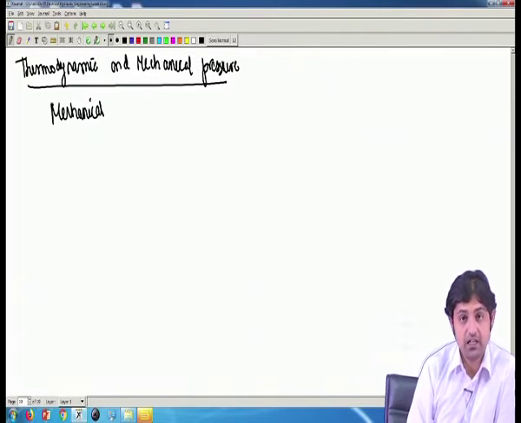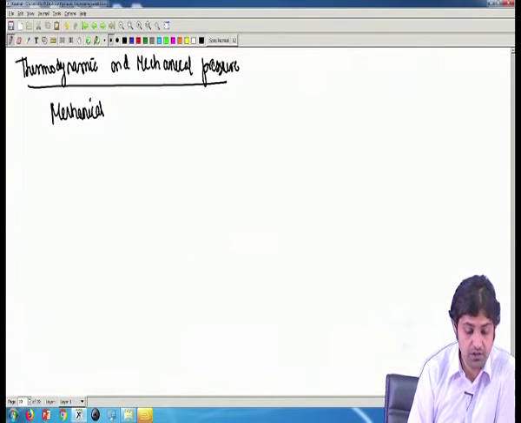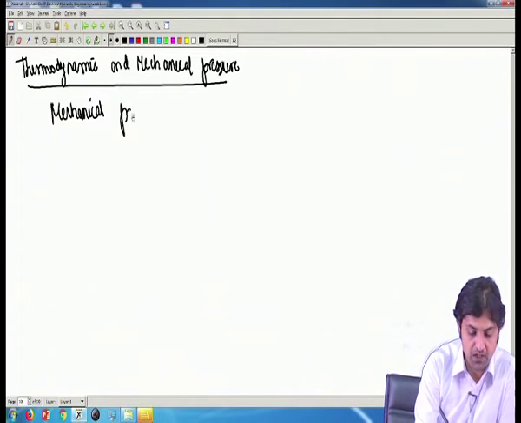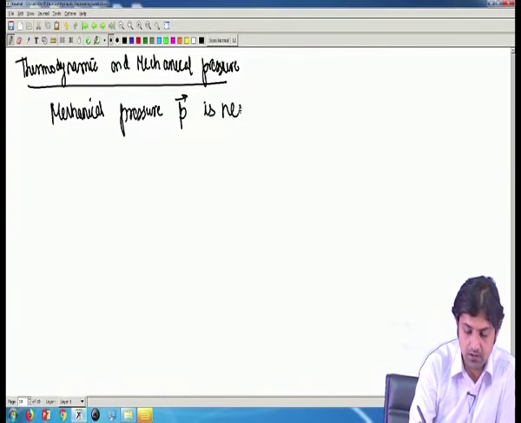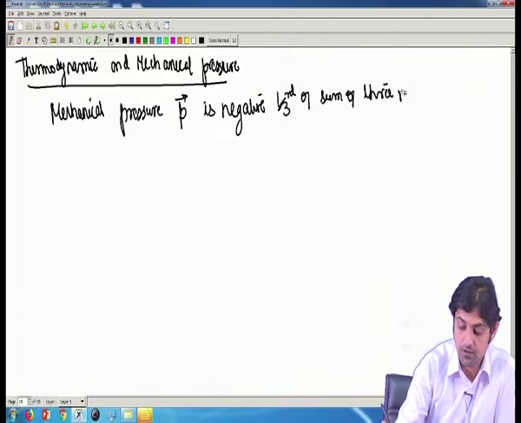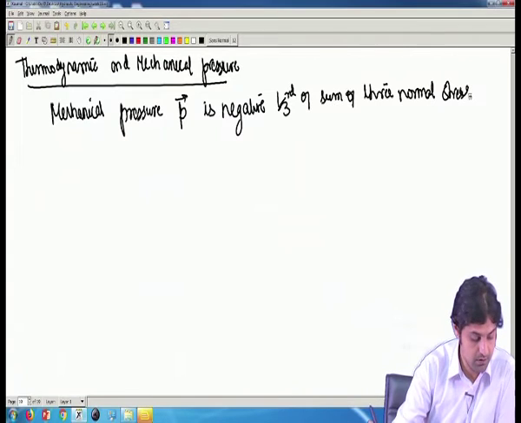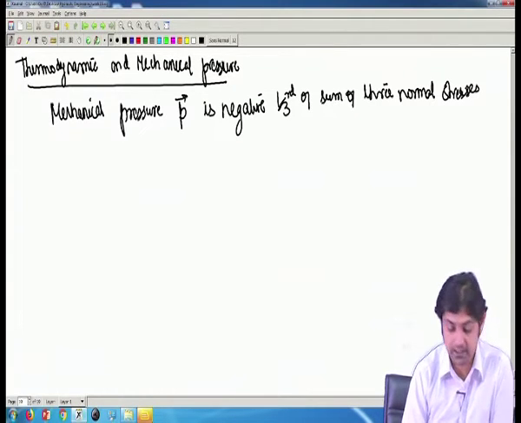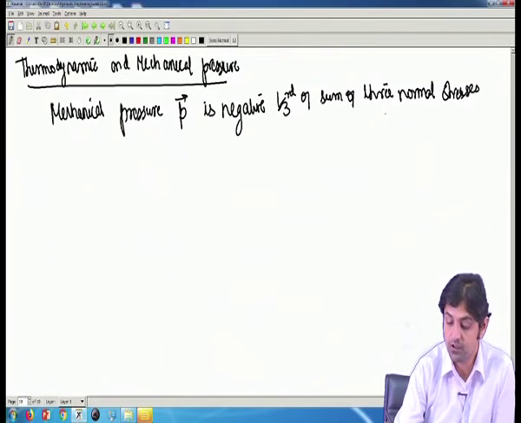the pressure that we find during the Navier-Stokes equation or any other such equation is the thermodynamic pressure. So the mechanical pressure P bar is negative 1/3 of the sum of the 3 normal stresses. What are the 3 normal stresses?